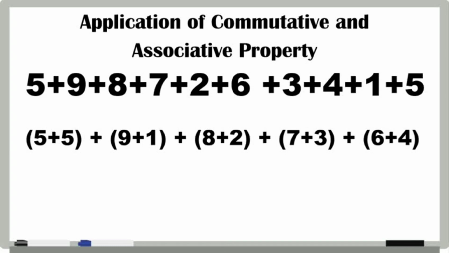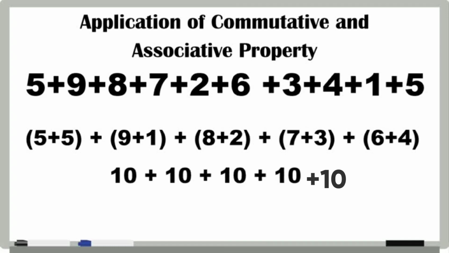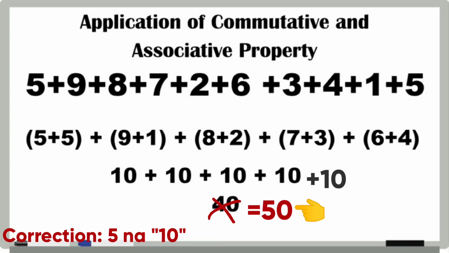Dahil kapag may 5 plus 5 ang sagot doon ay 10, then 9 plus 1 ay 10, 8 plus 2 ay 10, 7 plus 3 ay 10, 6 plus 4 ay 10. Therefore, we're going to have 4 tens. So, 10 plus 10 plus 10 plus 10, the answer will be 40. So, that is a lot faster kung i-resolve mo siya without regrouping and without changing the order.